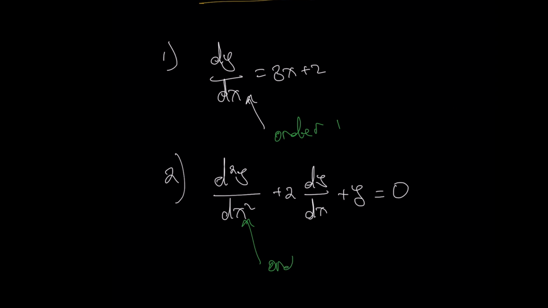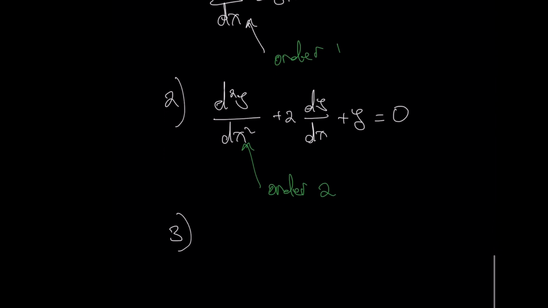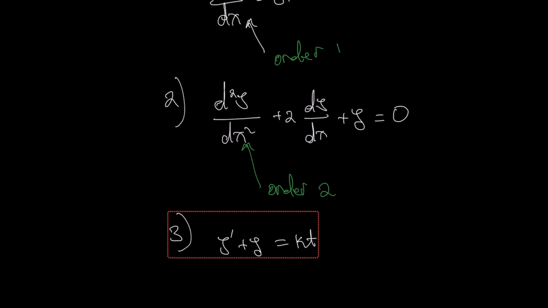So this is order 2. The third example will be that plus that equal to kt, and that will be order 1.